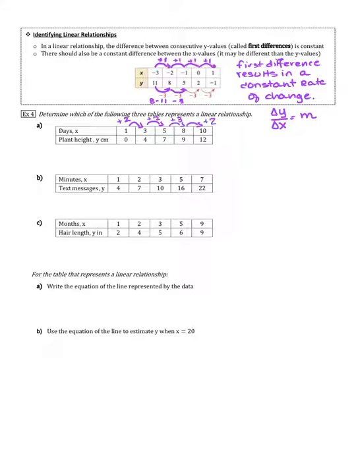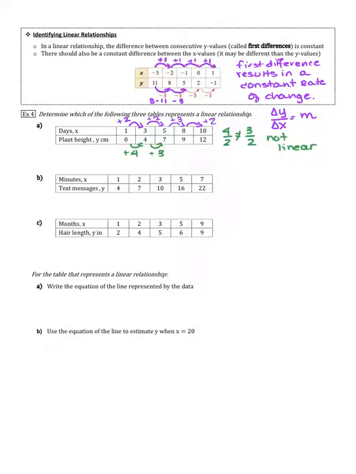This is plus 2. Now let's look at what's going on here. This is plus 4, so I have 4 over 2, which is a slope. This one is plus 3, 3 over 2. So since 4 over 2, rise over run, does not equal 3 over 2, that is not linear.